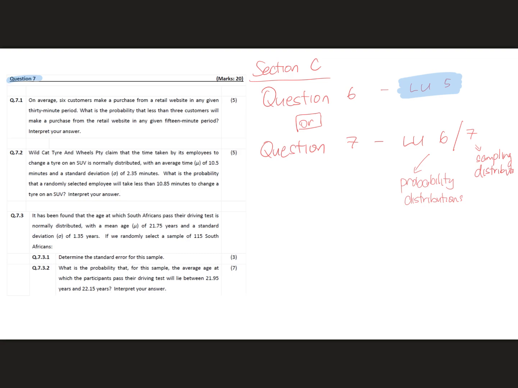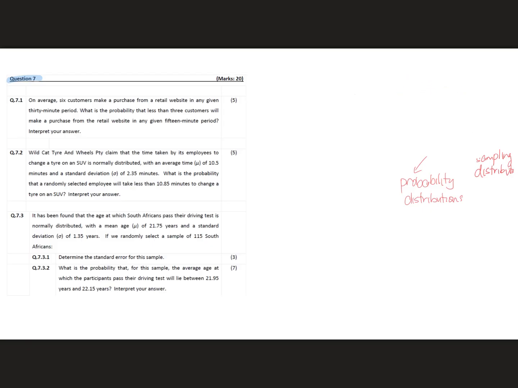So let's go ahead and get started with the question. The first question says to you, on average, 6 customers make a purchase from a retail website in any given 30-minute period. Now, before even moving on from this, just right at the very beginning, while we are looking at that first sentence, let's have a look at what keywords we can identify that will help us understand which distribution we are working with.